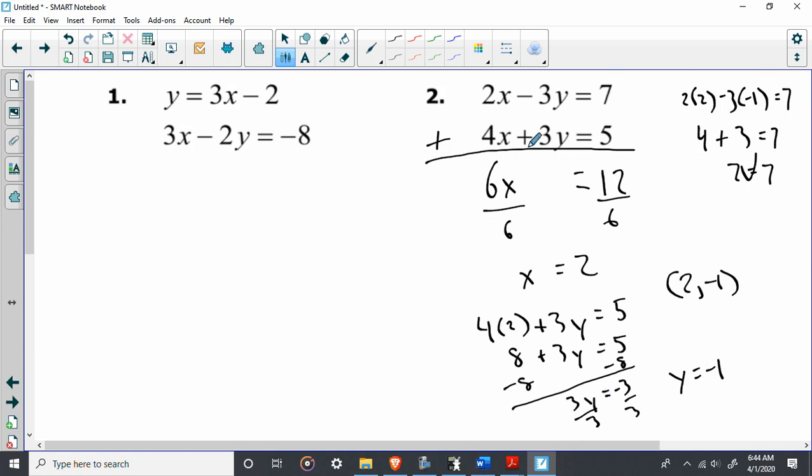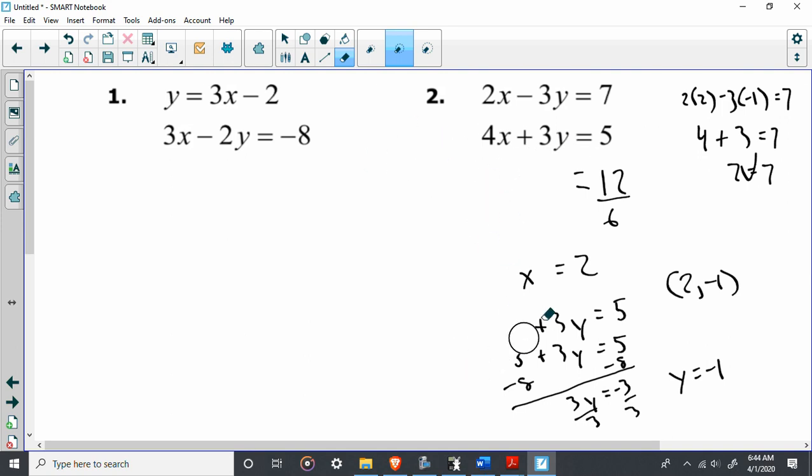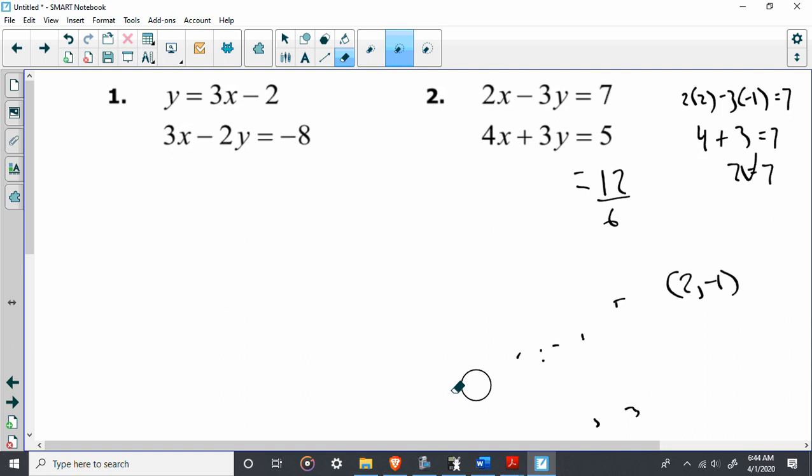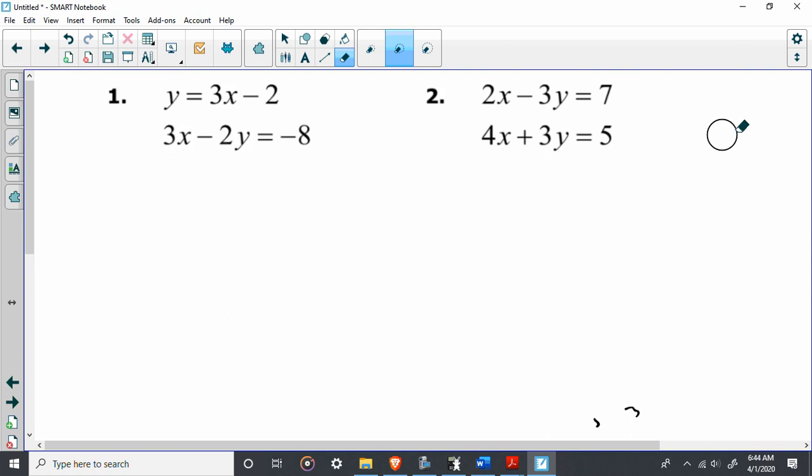Very, very straightforward. Now, this one, if we wanted to put this in slope-intercept form and substitute into the other equation, let's take a look at the mess that it's going to create, okay? Let's say we took either, and neither one of these is going to work out well. So say I wanted to take 4x plus 3y is equal to 5.